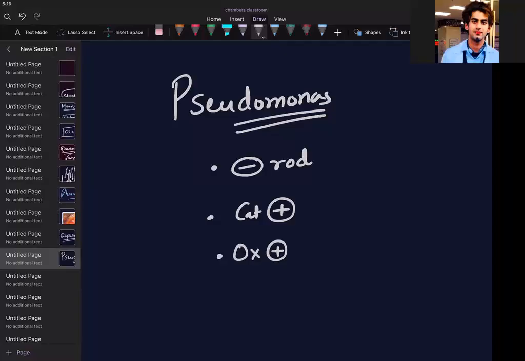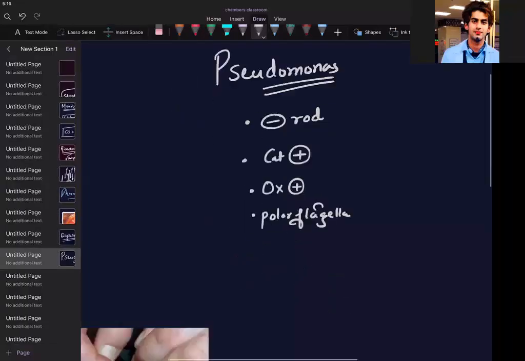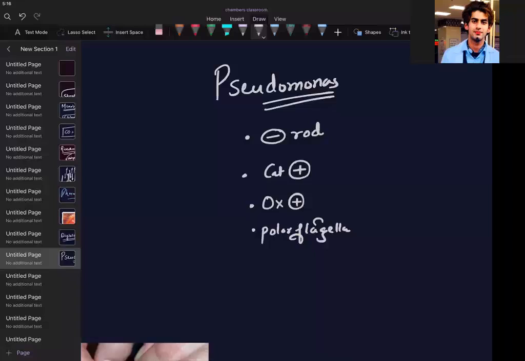Another thing to remember about this oxidase-positive Pseudomonas is that they have polar flagella. And they have some pigments.